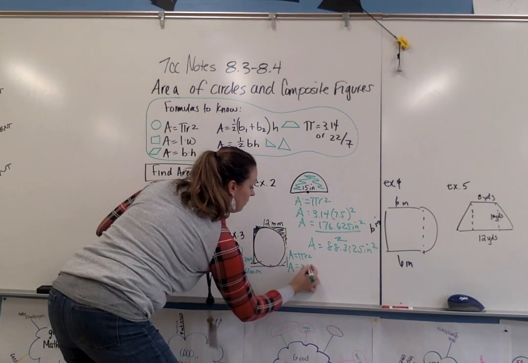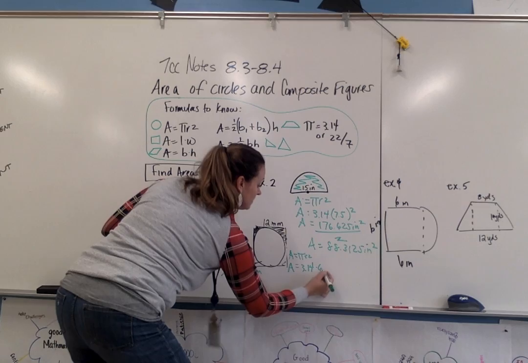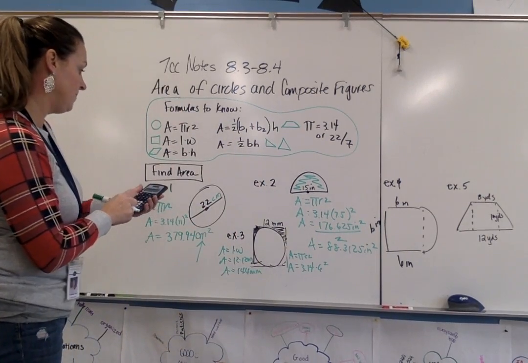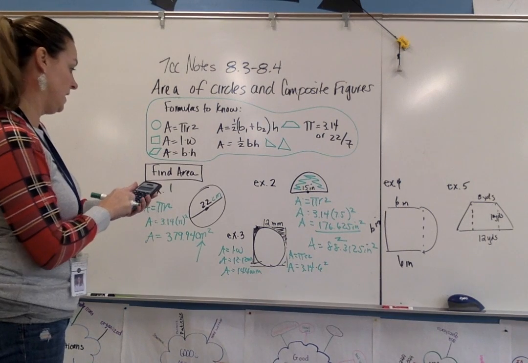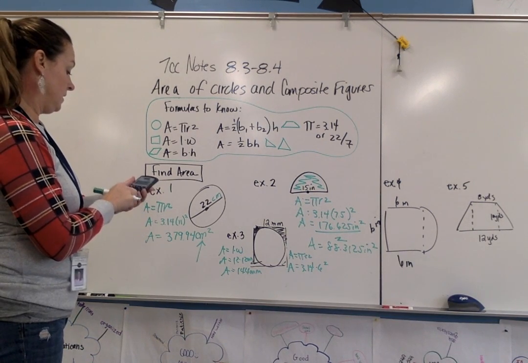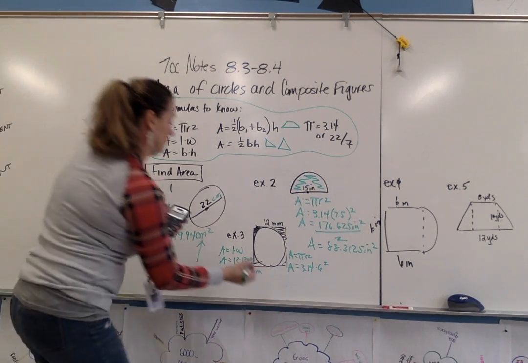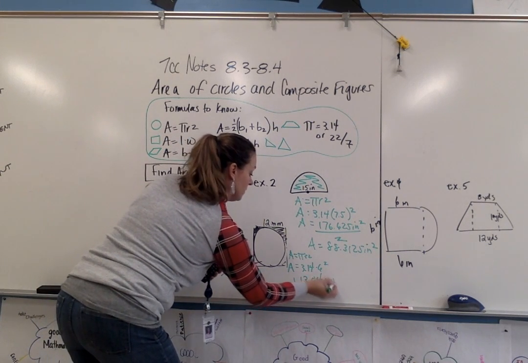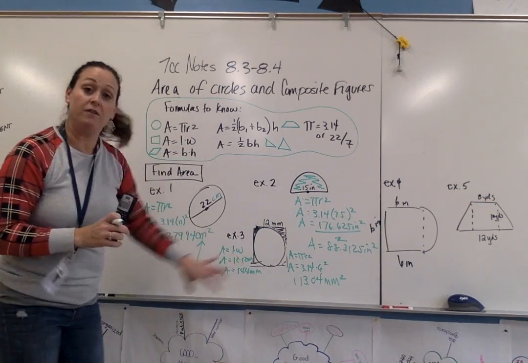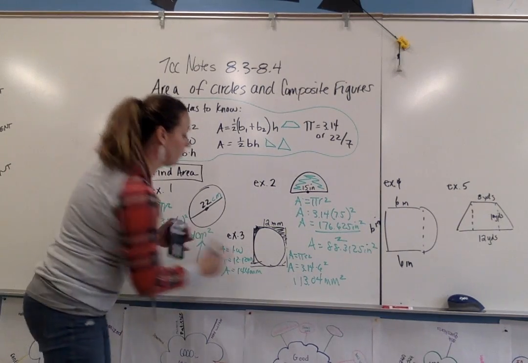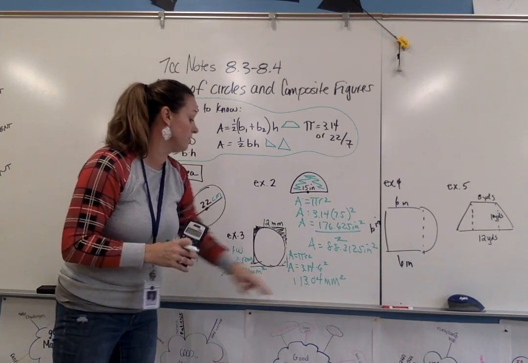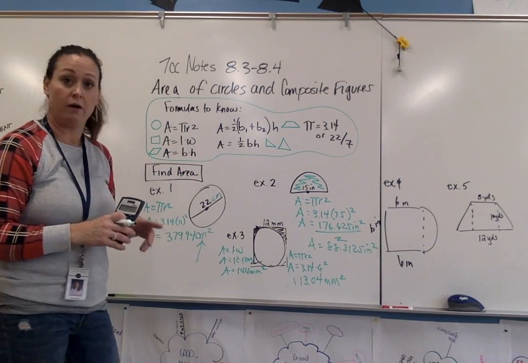Area equals 3.14 times 6 squared. So 3.14 times 6 times 6 equals 113.04 millimeters squared. So the area of the entire square is 144 millimeters squared, and the area of the circle is 113.04 millimeters squared.